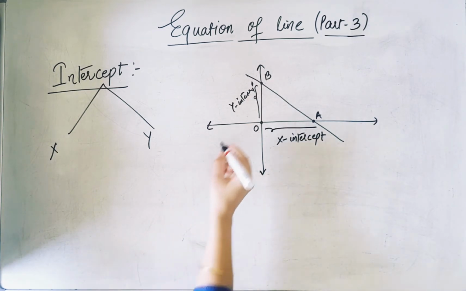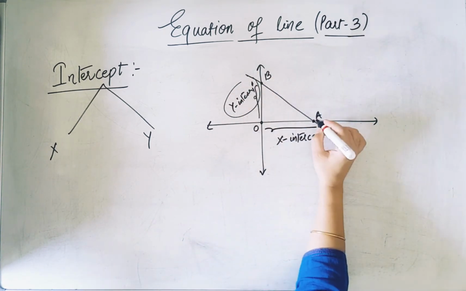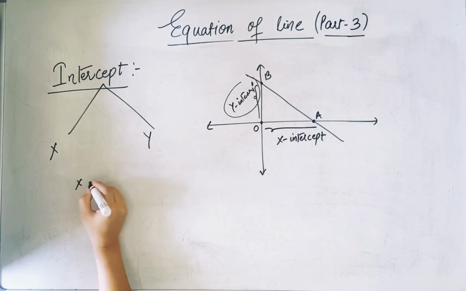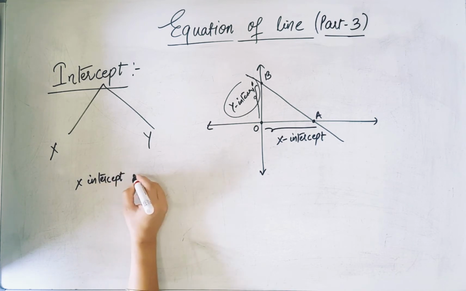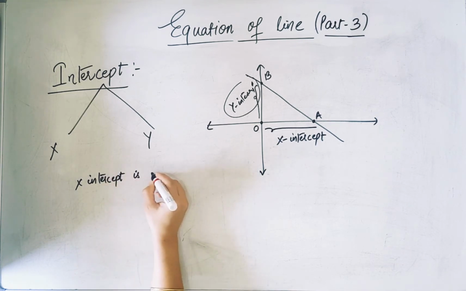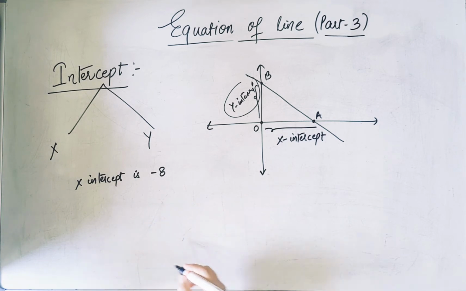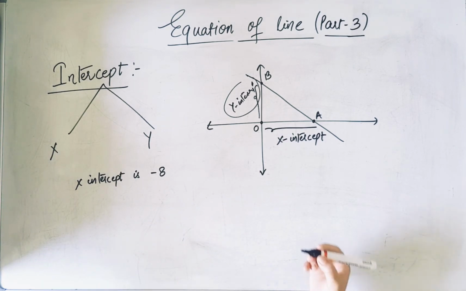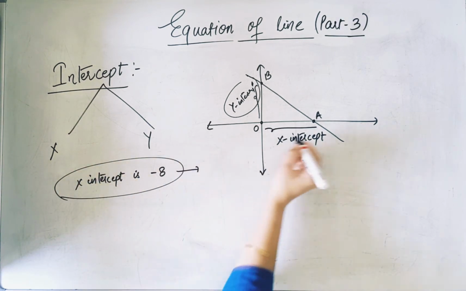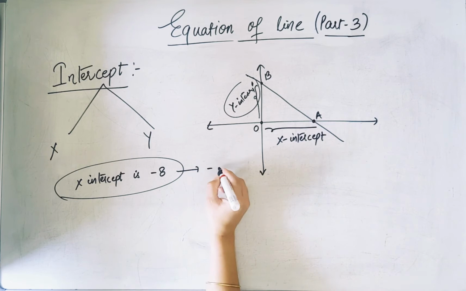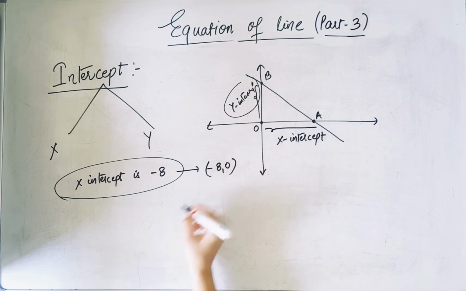Now if we are provided with these intercepts, let's suppose they have given x-intercept is -8, so we can say that the coordinate will be -8, 0.